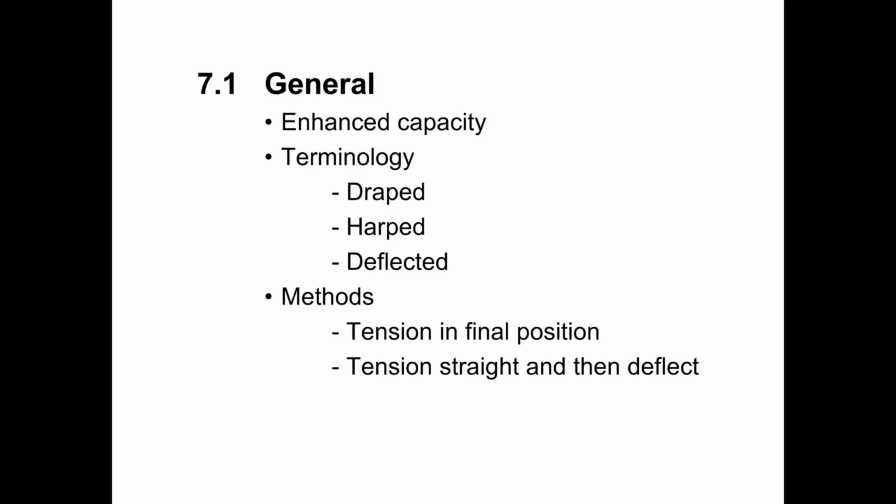We conduct the tensioning operation the same way we would with a straight strand. We just put in initial force on the strand, mark the strand, put the final force on the strand, measure our net elongation, compare that to our calculated elongation, and then so long as we're in tolerance, we're done. So the tensioning operation is done the same way it would be if they were straight strands.